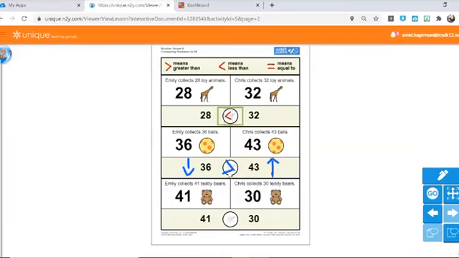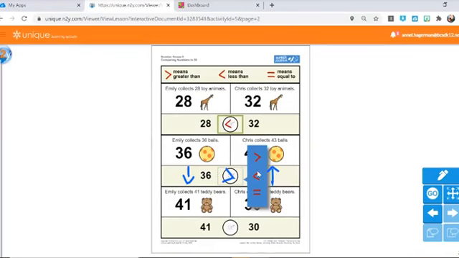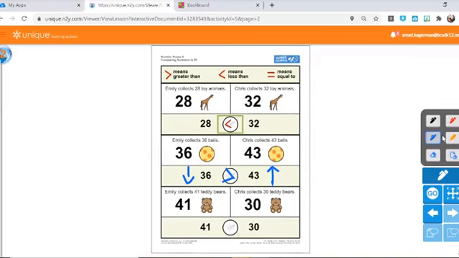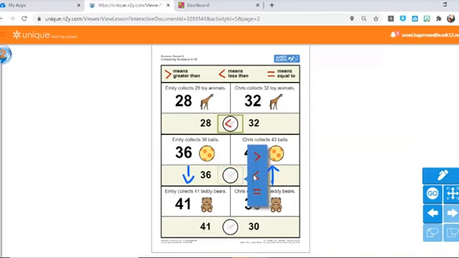So we have to put the less than sign right there. I'm sorry, that's the wrong one. Less than sign. Your little arrow always opens up towards the bigger number. So 36 is less than 43.